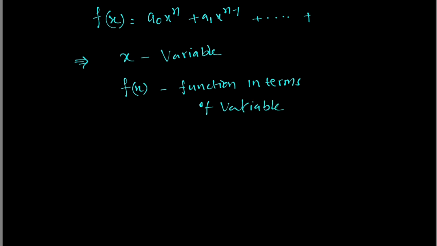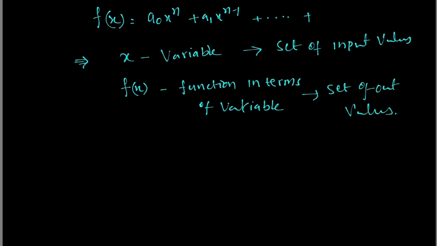In fact, the variable is nothing but the values taken from the set of inputs. I can write the set of input values, and f of x is the set of output values, right?